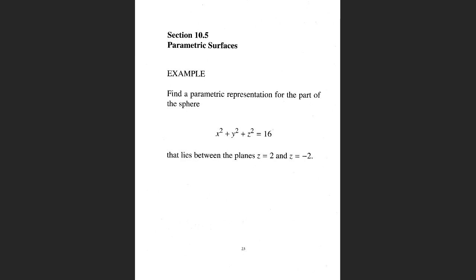Okay, so let's take a look here at what we have. We want to find the parametric representation for part of the sphere that lies between these two planes, the plane z equals 2 and z equals -2. What's the radius, by the way, of this sphere? 4.